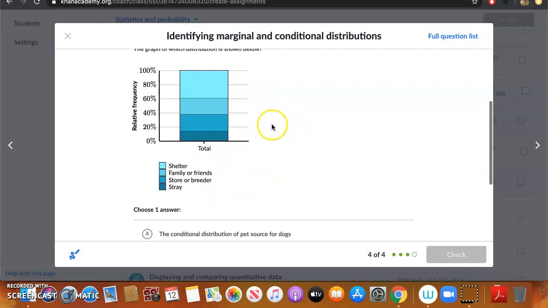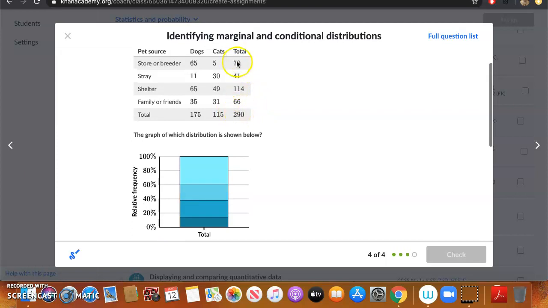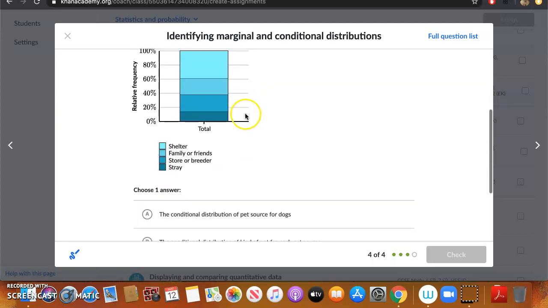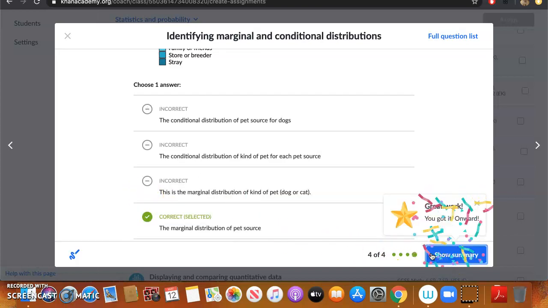So this looks like a breakdown of this column right here. This is actually a relative frequency for the margins, so this is a marginal distribution of the pet source. That looks like it, and sure enough, that is correct. Okay, guys? Great.